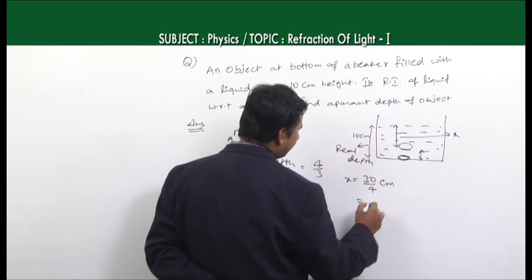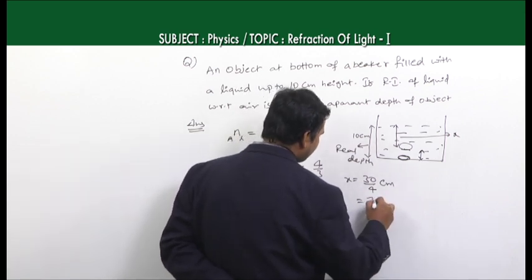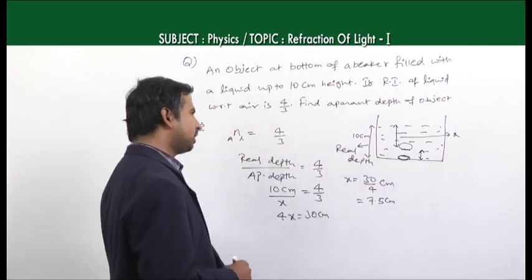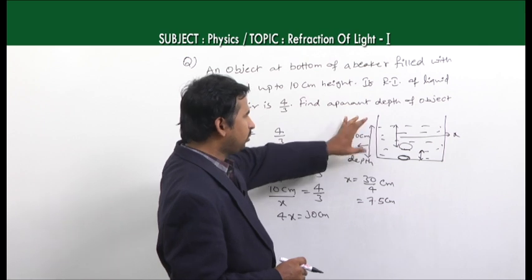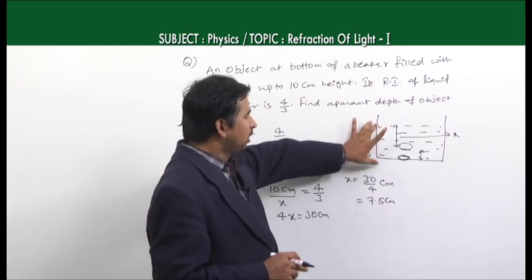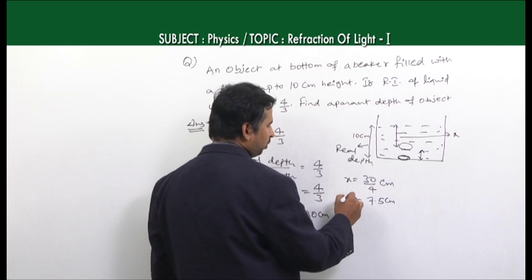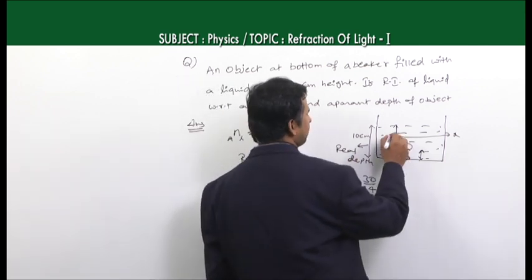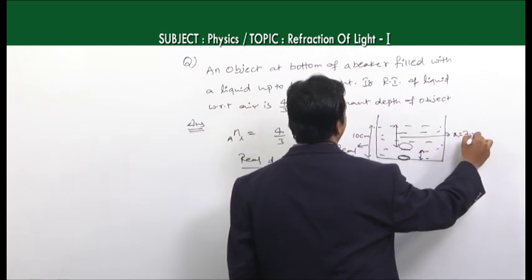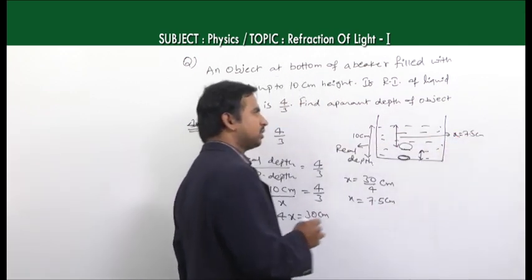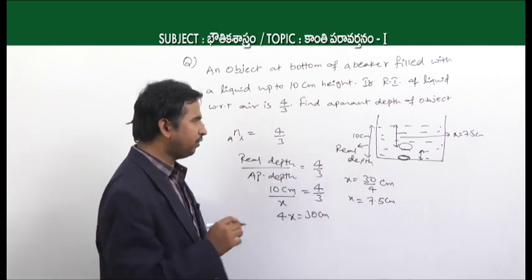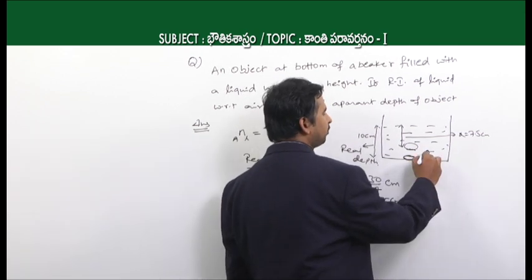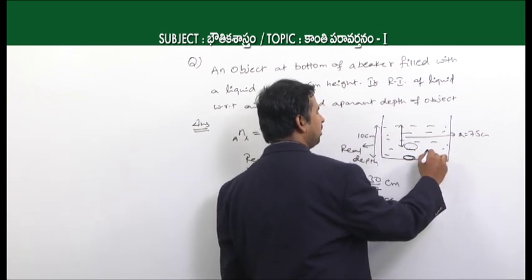Which is equal to 7.5 centimeters. So this means the original depth of the coin is 10 centimeters, placed at the bottom of the beaker. But here it appears to be raised, and only 7.5 centimeters is the apparent depth. So our x means the object appears at 7.5 centimeters, and there is a change in the position of the coin, which is coming up here.